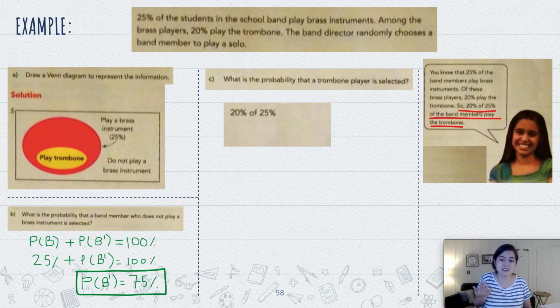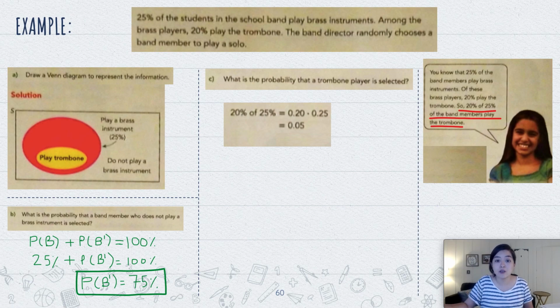We have to multiply. So we're going to convert the percentages to decimals. 20% converts to 0.20, 25% converts to 0.25, and "of" is multiplying. So it's 0.20 times 0.25, and you get 0.05.